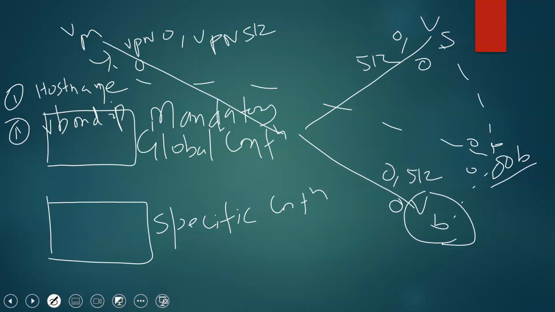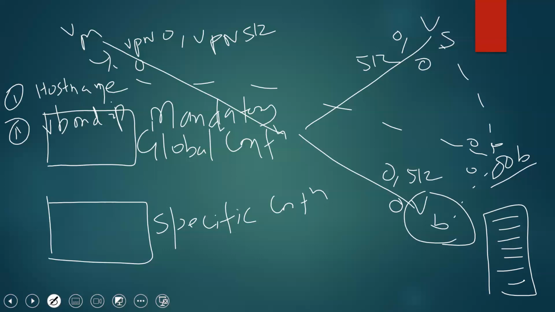They should reach the vBond, and vBond has some sort of whitelist. We'll check that. So it has some sort of list from where it will check, oh, this is coming for validity, I can validate. So to get that validity, obviously all the devices should have the reachable vBond IP or DNS, etc.